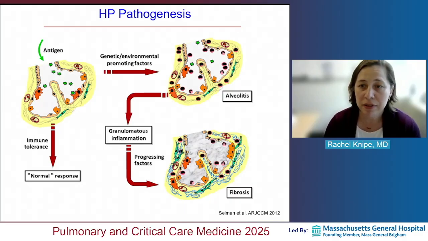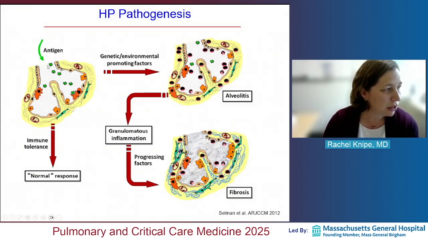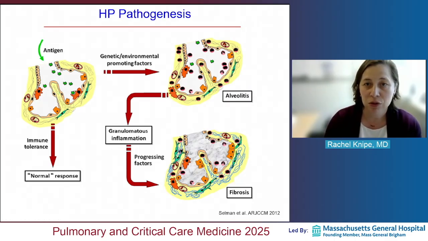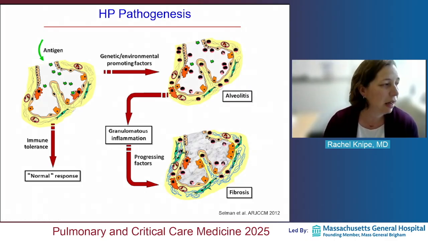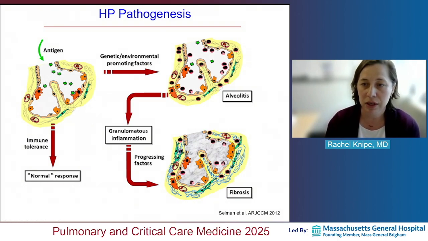So to get into a little bit of that, HP develops in response to inhaled antigens, we think. So under normal conditions, we all inhale antigens. Here's the antigens kind of going into our alveolar spaces. They're recognized by a surveillance immune system that's constantly surveilling in the lungs. And most of the time, they recognize the antigen, but we develop tolerance to it. And so we don't get disease as a result.